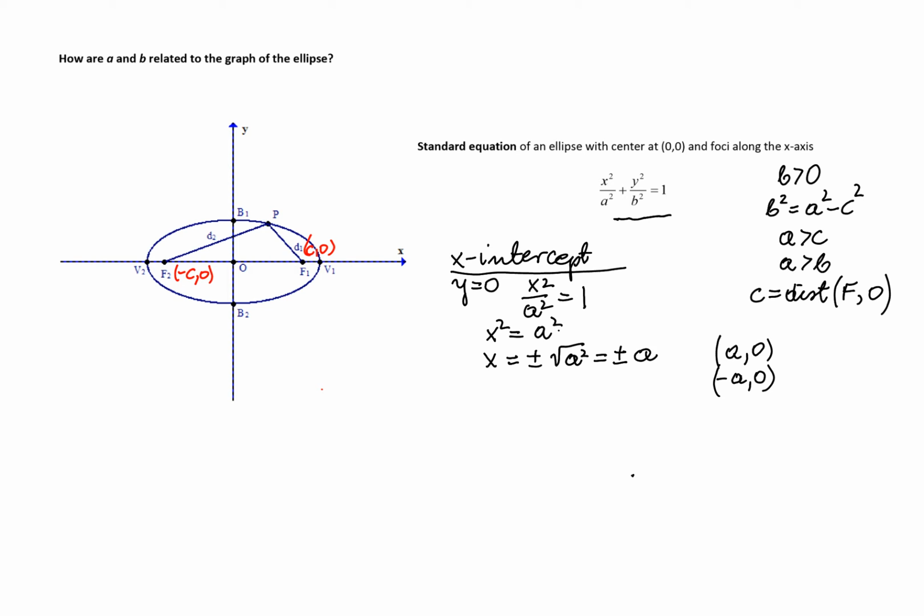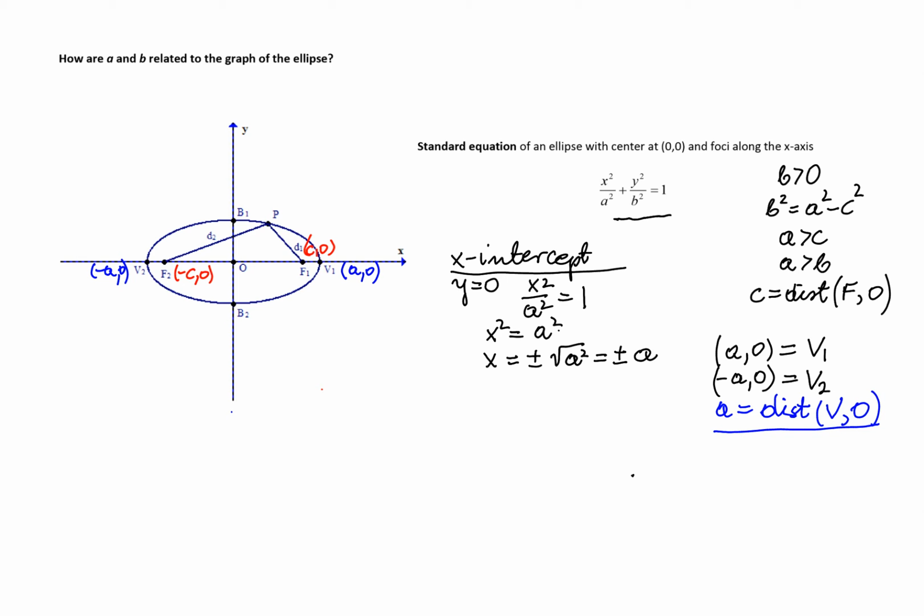Since a is positive, this is really the point V sub 1, and this is point V sub 2. So the point V sub 1 has coordinates (a, 0), and V sub 2 has coordinates (negative a, 0). And therefore we can say that a is the distance between a vertex and the center.